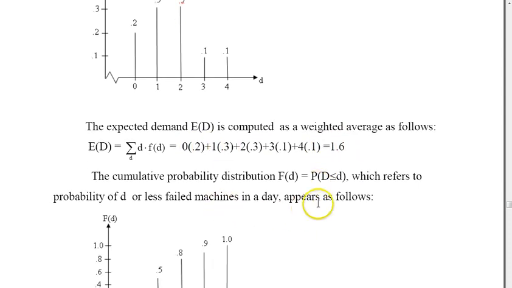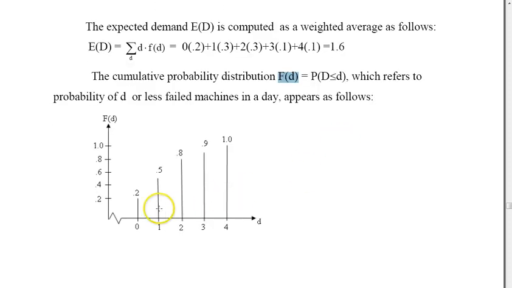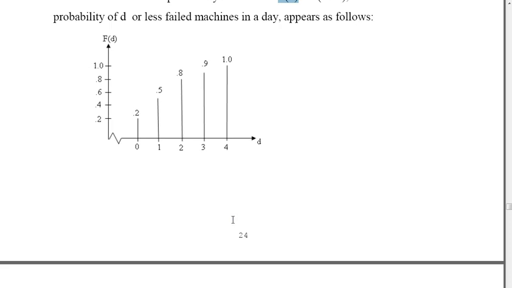We also can graph the cumulative distribution, capital F of d, the probability of D less than or equal to d. And this is the graph. 0 failures happen 20% of the time, 0 or 1 50%, 0, 1 or 2 80%, 3 or below 90%. Of course 4 or below would be at 100%.